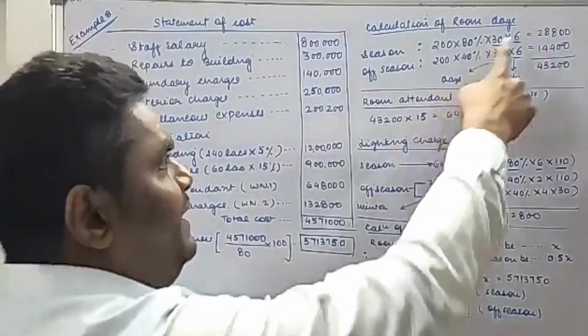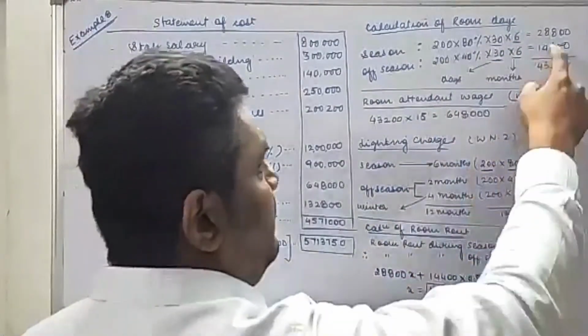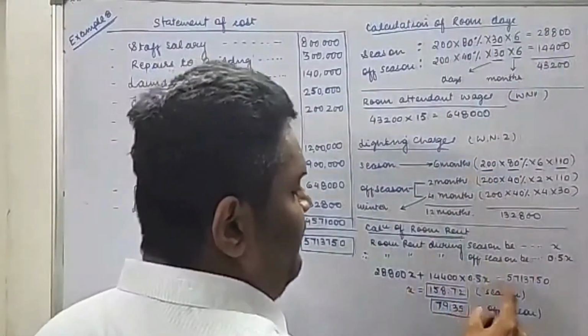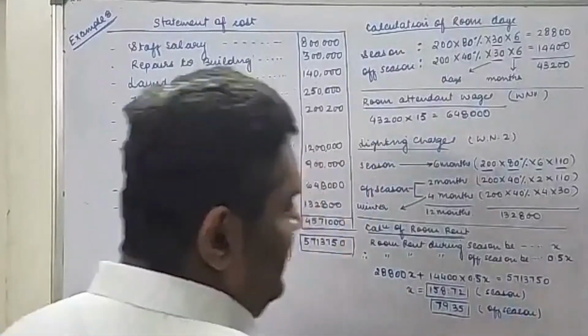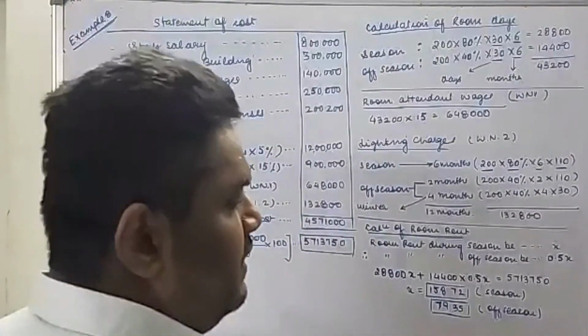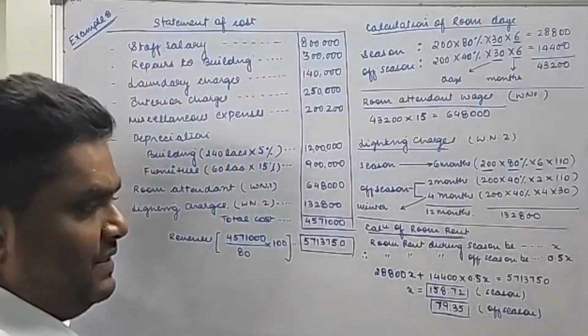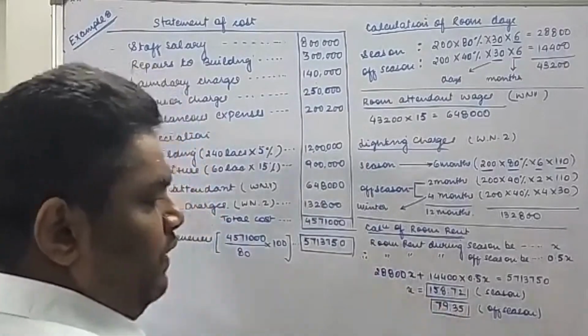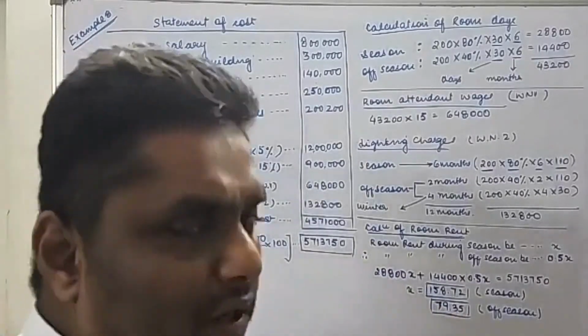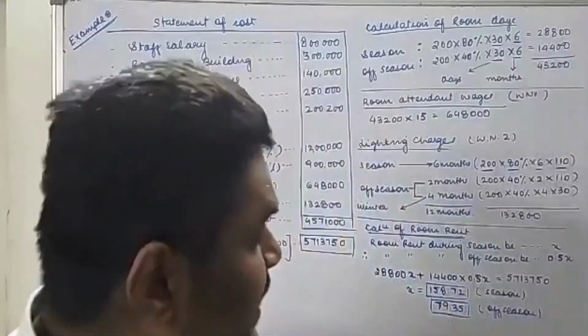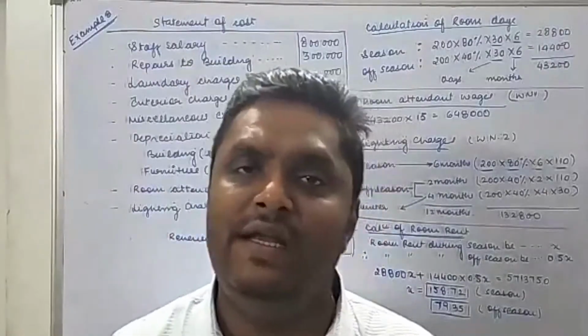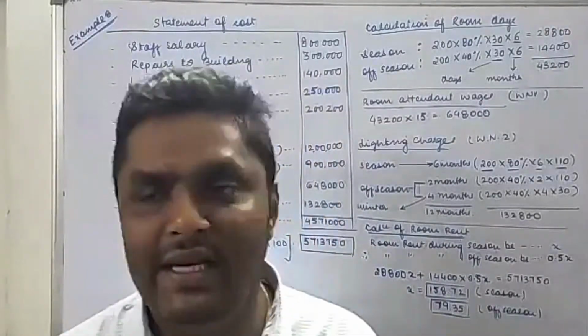So that's why 28,800 into X plus 14,400 into 0.5X should be equal to 571,3750. Accordingly, I have calculated the value of X. That will be the rent for the season, and the room rent for the off season will be half of the rent calculated. So this will be 79.35.